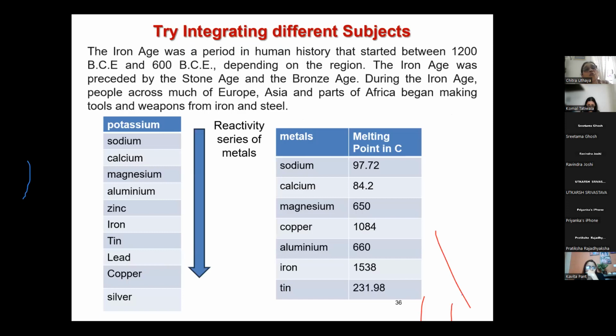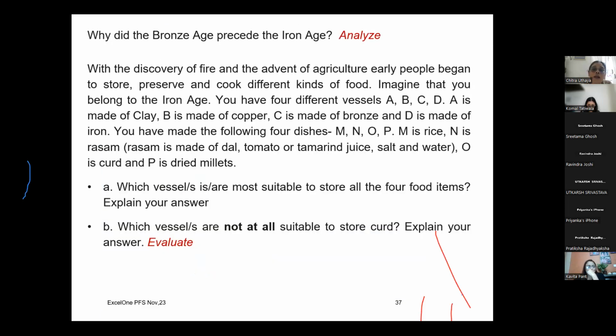During the Iron Age, people across much of Europe, Asia, and parts of Africa began to make tools and weapons from iron and steel. And I've given you the reactivity series of metals as well as metals and their melting points. And now the questions: why did the Bronze Age precede the Iron Age?